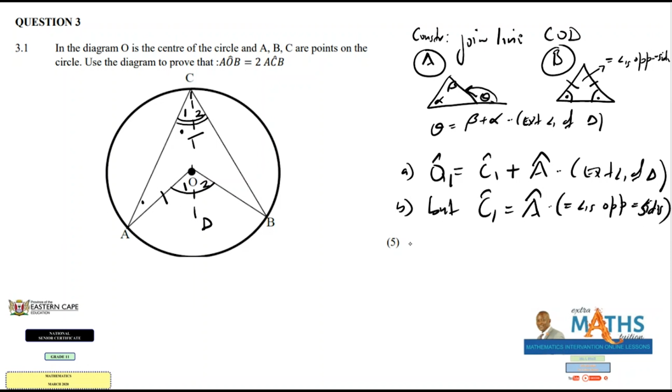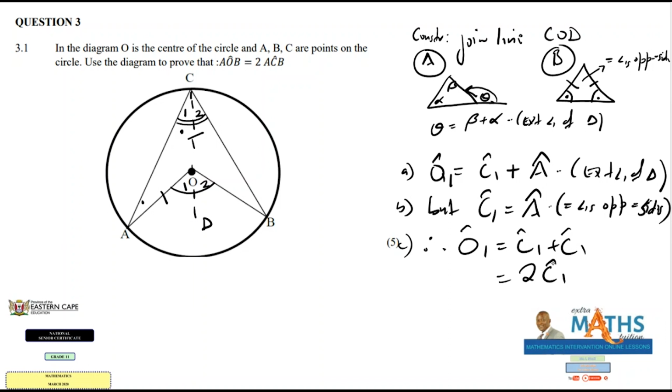Instead of angle A, I can substitute angle C1 because these two angles are equal. Therefore, angle O1 is equal to angle C1 plus angle C1 again, because these two angles are equal.